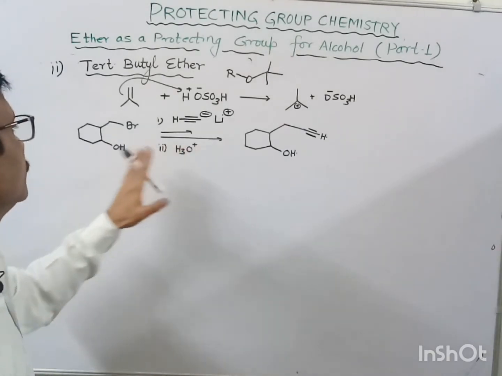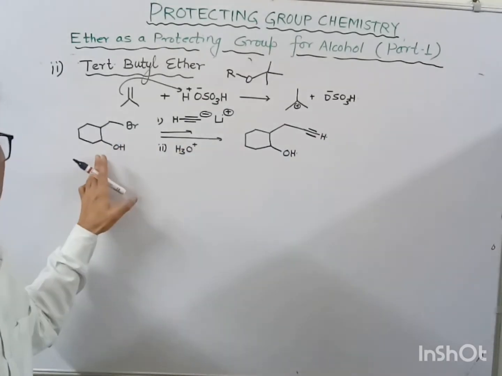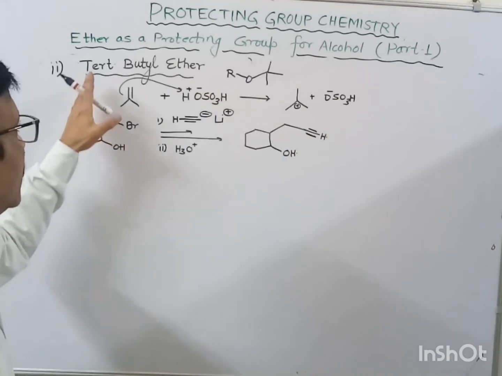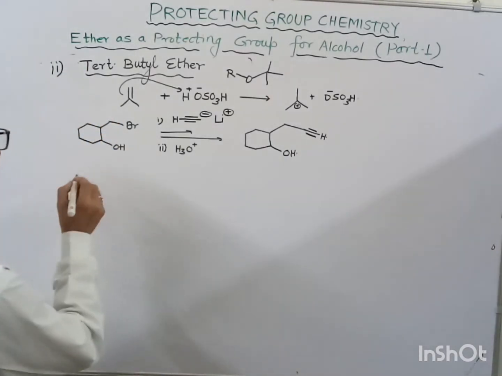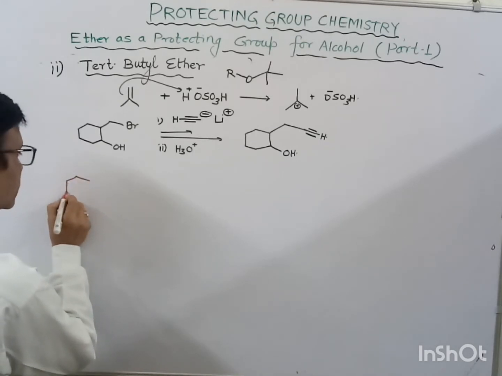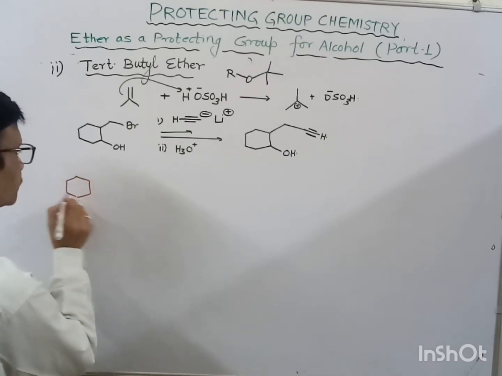So first of all, we should protect this OH group, and we may protect it by converting it into the tertiary butyl ether. So let's see the conversion.